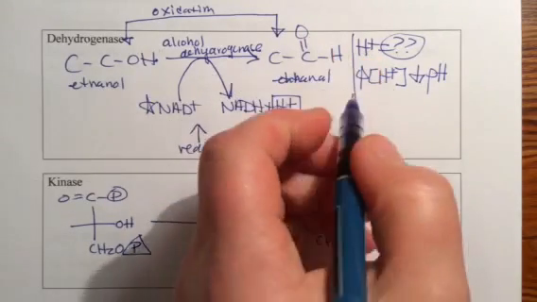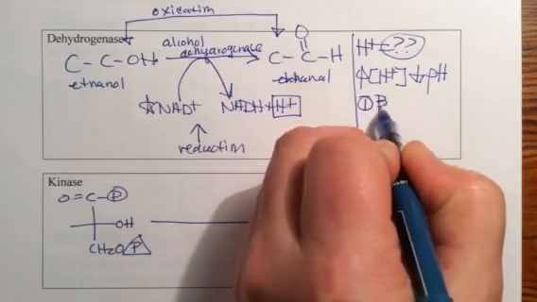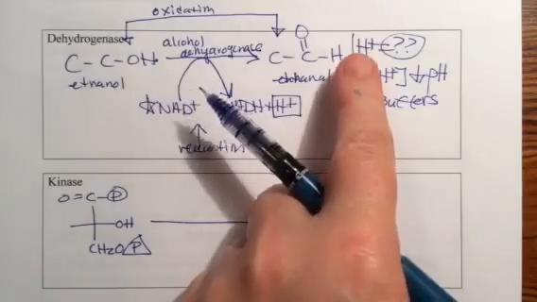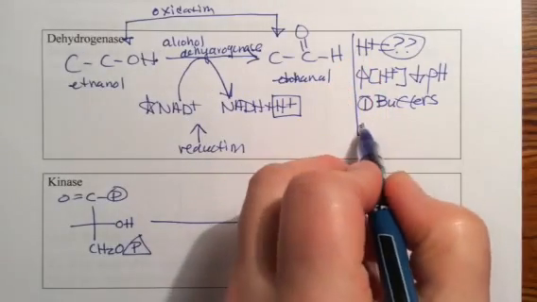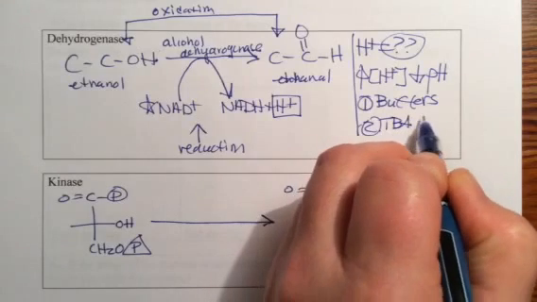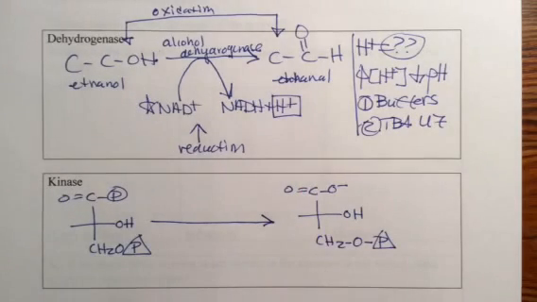And we have looked already at buffers. And buffers help us mitigate protons. All right? The other role of the H+ is TBA, and we're going to talk about them in the next unit when we talk about metabolism.